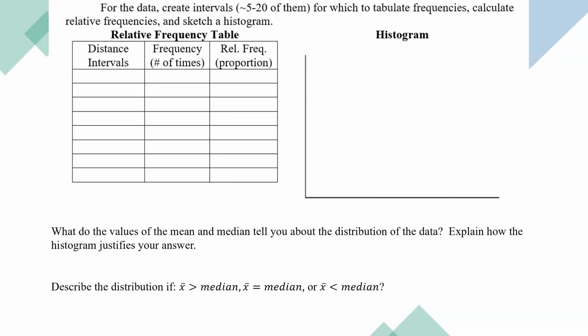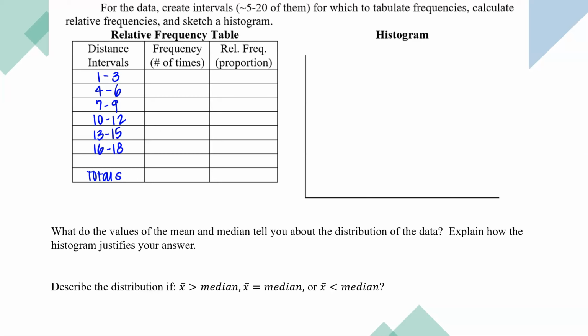It looks like it goes from 1 to 18, so the distance intervals could be every 3: 1 to 3, 4 to 6, 7 to 9, 10 to 12, 13 to 15, 16 through 18. Just a reminder that your distance intervals can vary from mine. I just wanted to make sure that I had a minimum of 5 intervals.